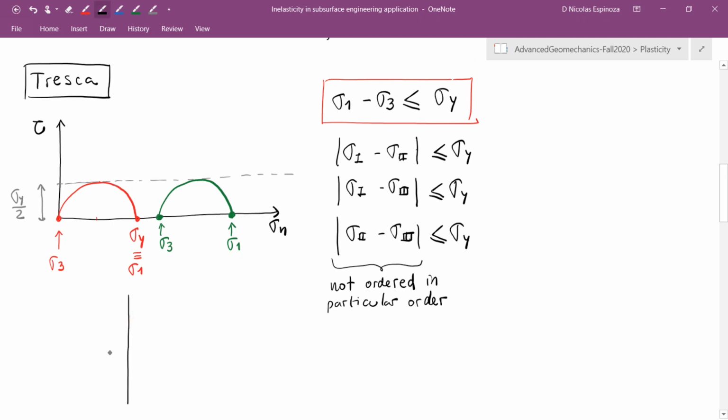Let's say that I have a space of principal stresses with sigma 1 Roman in the x-axis, sigma 2 Roman in the y-axis, and I fix my third stress, sigma 3, to be equal to 0.